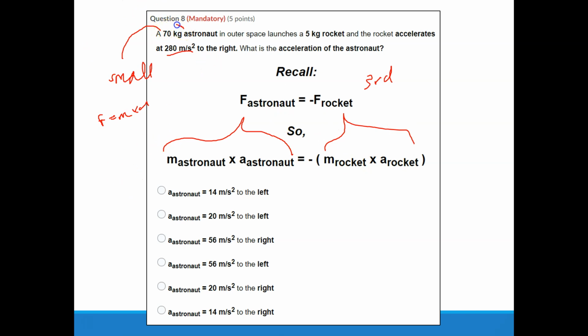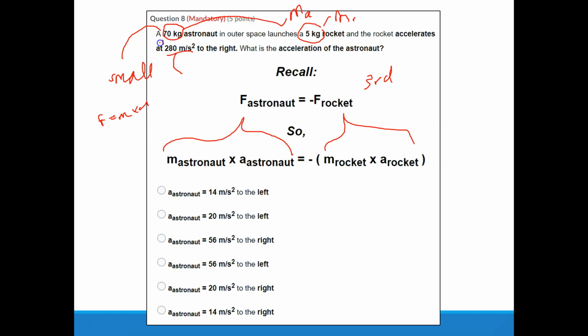So let's go ahead and annotate these. All right, so 70 kilograms, right? Kilograms tells me a mass. In this case, it's the mass of our astronaut. 5 kilograms is also a mass, but in this case, it's the mass of the rocket. And remember, the rocket accelerates 280 meters per second squared to the right. All right, so that's going to be a positive acceleration.